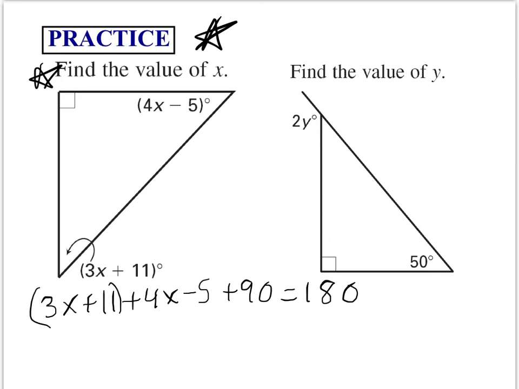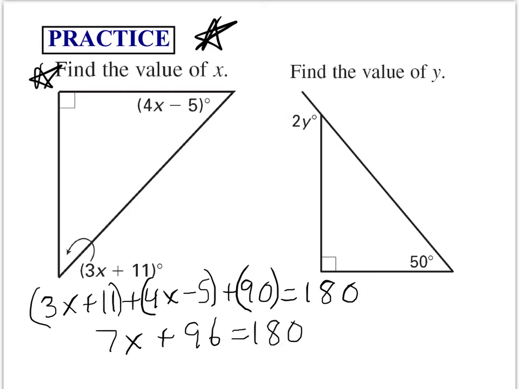I know that these three angles added together need to equal 180. We defined that theorem already. So from there, I'll just combine like terms. I'll get 7x plus 6 plus 90, which gives me 96, equals 180. And then I would solve for x there.